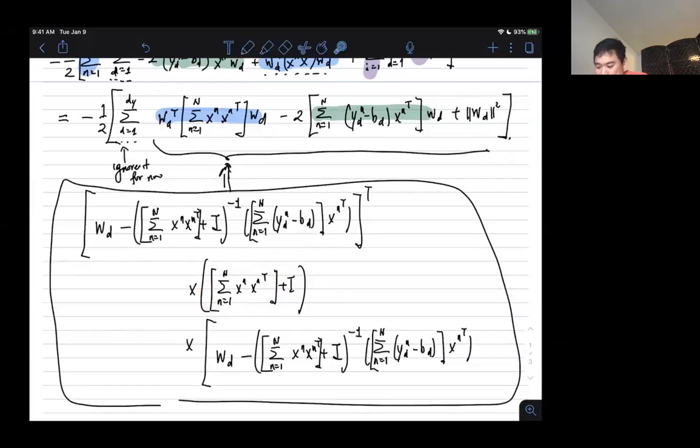Once you write it down like that, you want the inverse of that multiplied to the second term. Then you see that you can write it into this kind of quadratic function form.